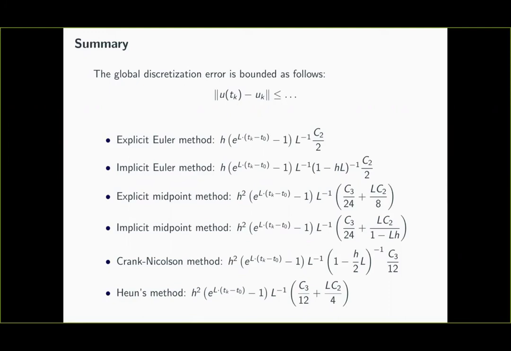The global discretization errors are bounded by some multiple of h squared. We get all those upper bounds for free by our abstract theory that relates local and global discretization errors. And personally, I think this is tons of fun.